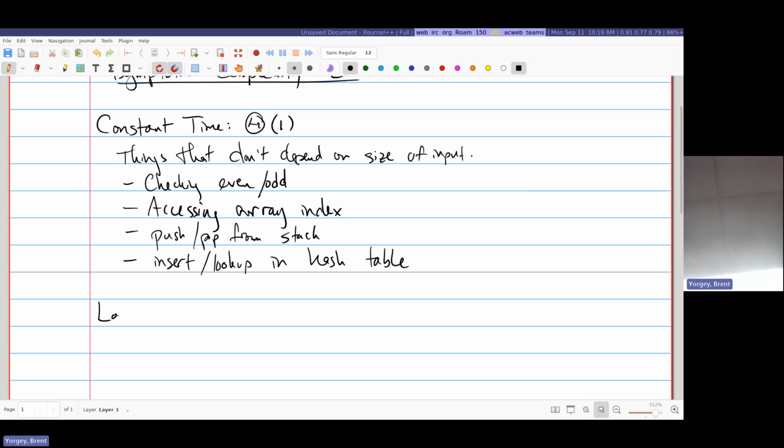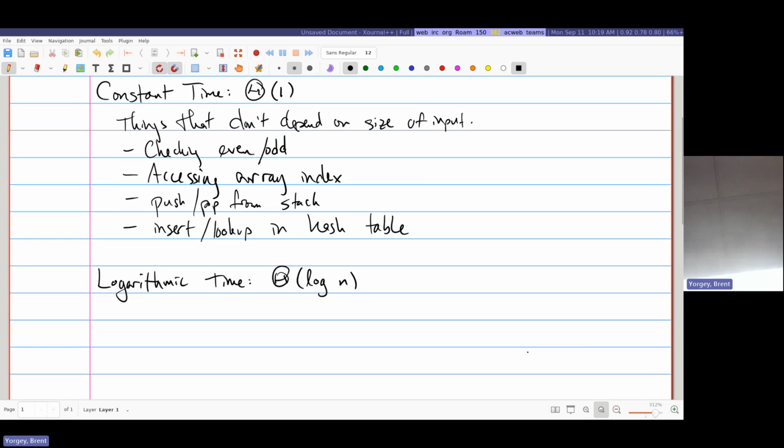Next thing I want to talk about is logarithmic time. This is theta of log n.